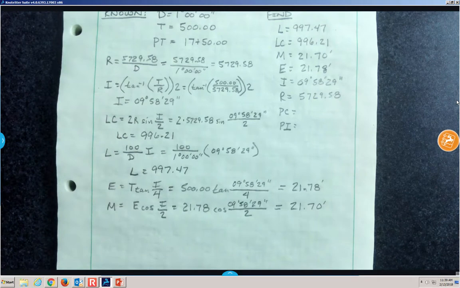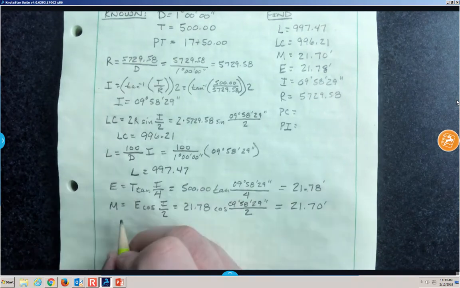The E is going to be much larger than the M in a cul-de-sac because it's over 90 degrees. So think of it that way.